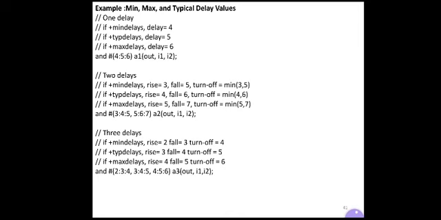Separated by comma, 3 colon 4 colon 5. 3 is the minimum fall time, 4 is the typical fall time, 5 is the maximum fall time, comma 4 colon 5 colon 6. 4 is the minimum turn off value, 5 is the typical turn off value, 6 is the maximum turn off value. So whenever three delays are specified, all the three different types of delays will have different minimum, typical and maximum values.